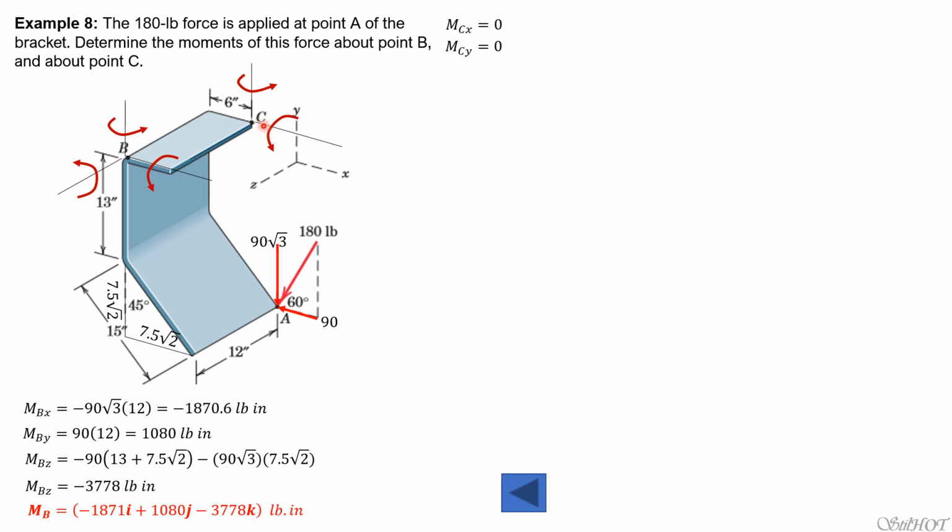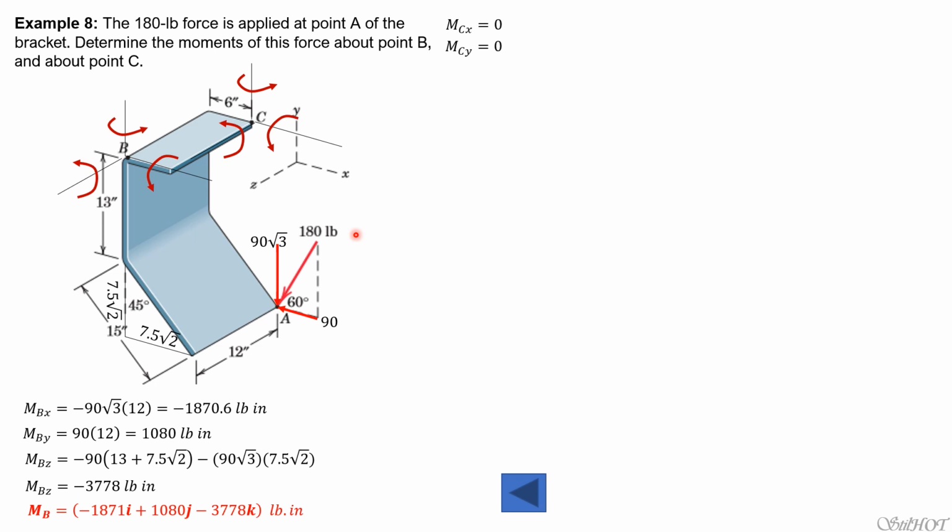moment about CZ, so we draw the positive CZ axis, then the positive direction of moment would be the same as this, just like Bx, but of different point. So position your right thumb towards the positive Z axis, then this will be the curling of your four fingers. So therefore, that's the positive direction of moment.